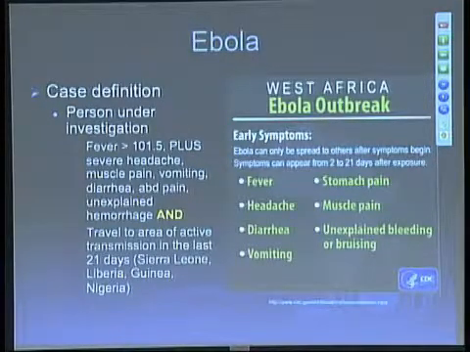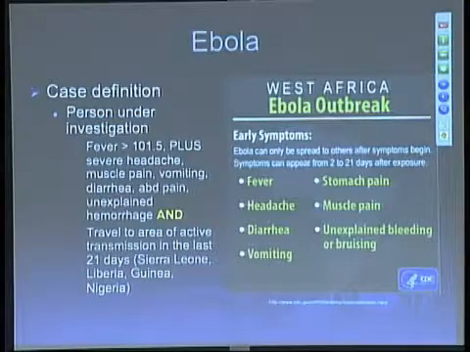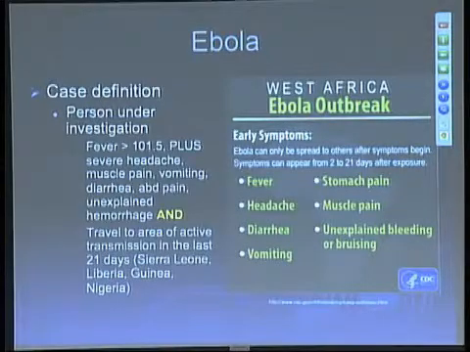One of the problems with West Africa is that a high percentage of the population is Muslim, and Muslims must go through preparation of the body for burial very quickly, with washing and wrapping and such, and you can get it by exposure to the body as well.